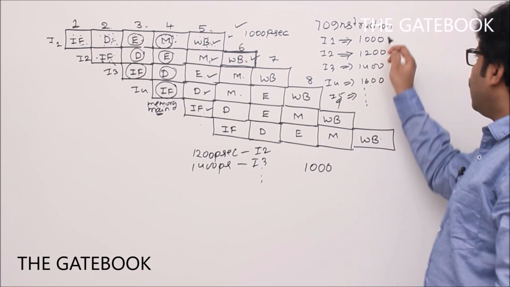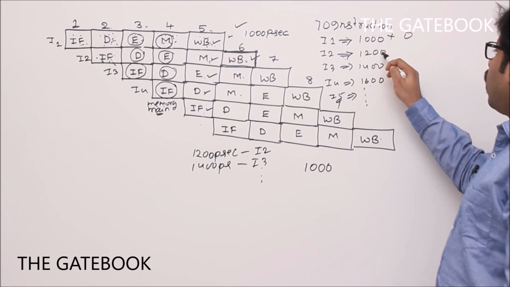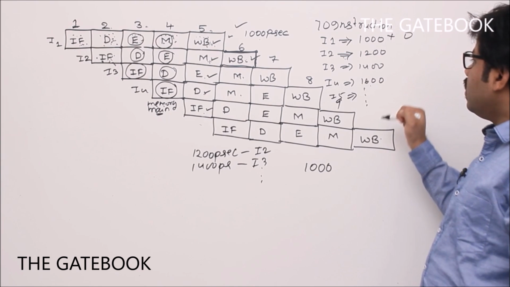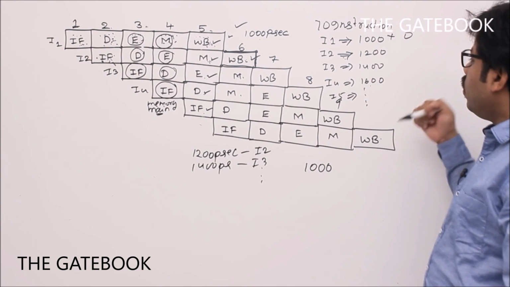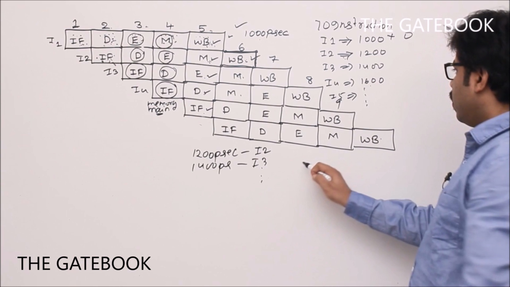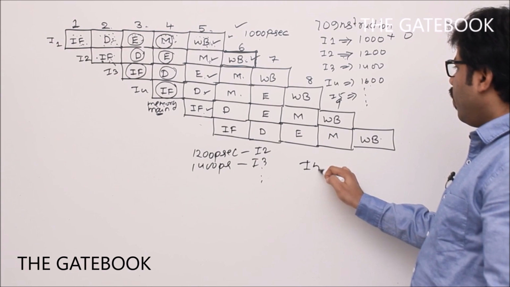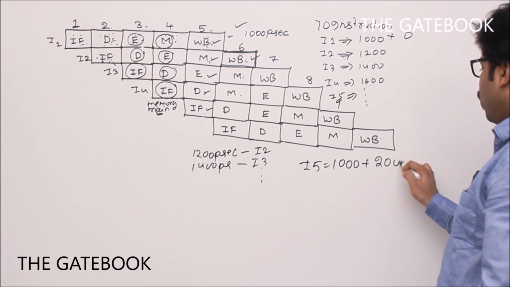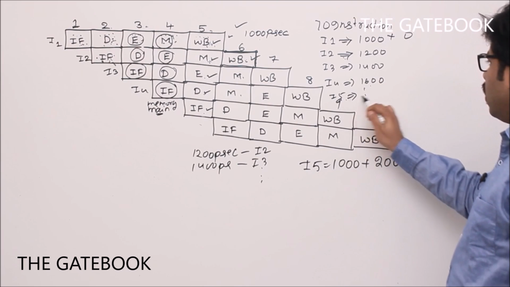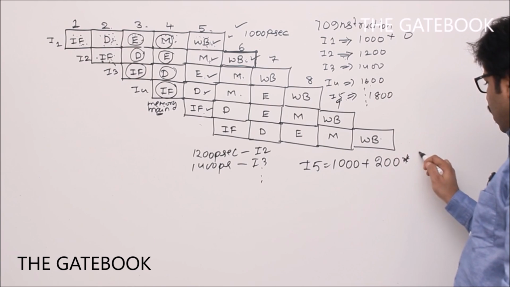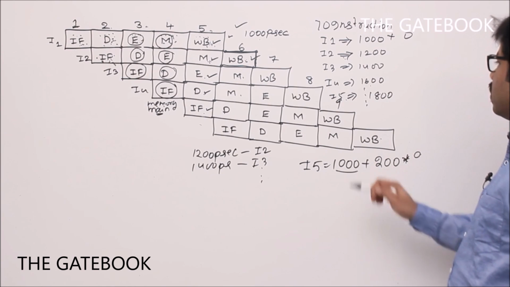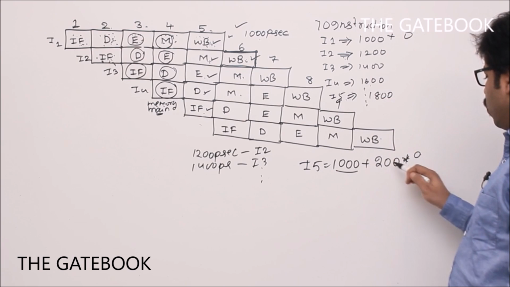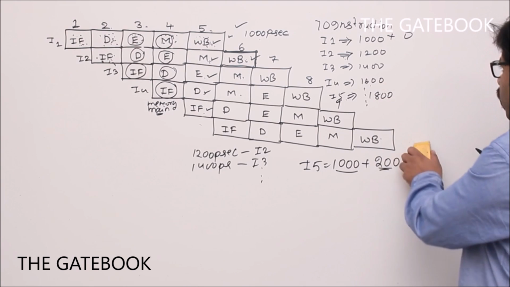First is 1000 plus 0. Second is 1000 plus 200. Third is 1000 plus 2 into 200. So finally, I5 is 1000 plus 200 into how many? You just check it out. I should get 1800. So 1000 plus 200 into how many? 4, right?